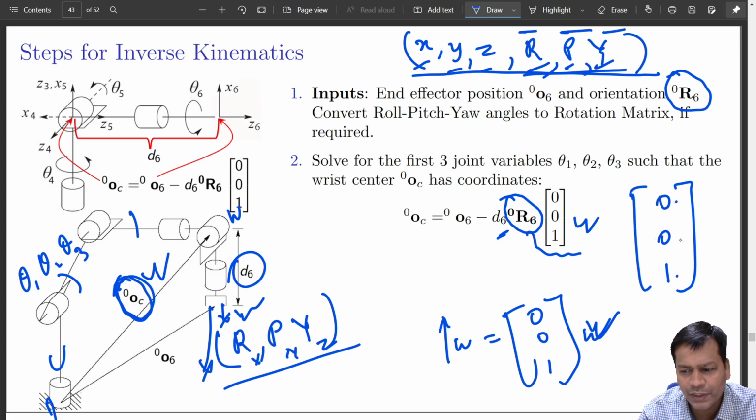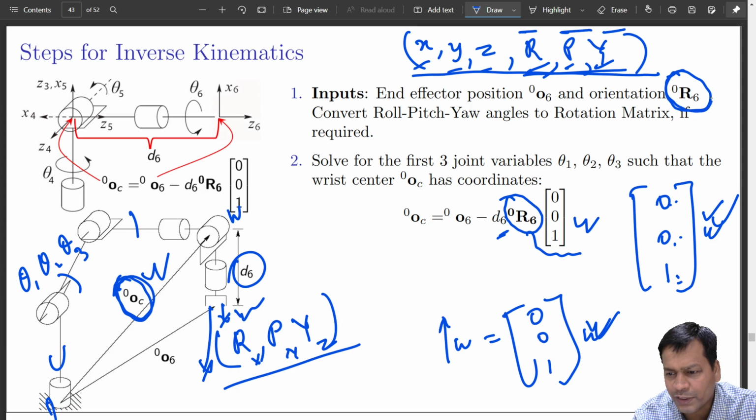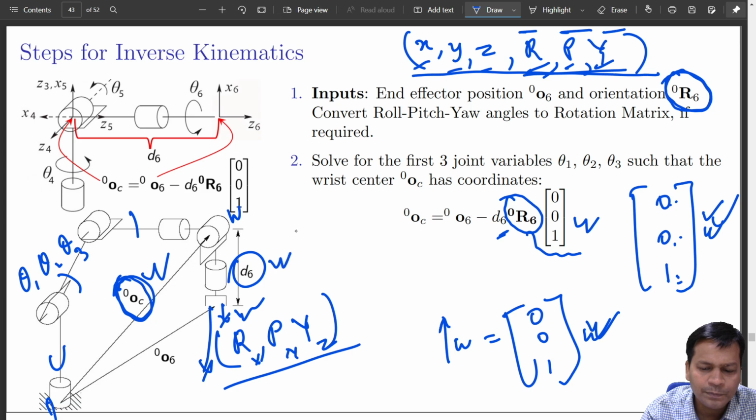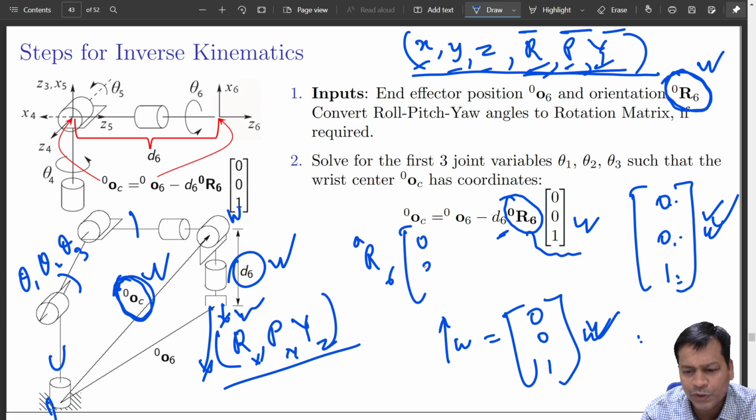A vector that is 100% pointed towards the Z axis can be written in matrix form as 0, 0, 1. Now I want to rotate this vector by 0R6, because this vector is now to be oriented as my end effector is oriented. So I'll use my rotation matrix 0R6 and apply that to 0, 0, 1.